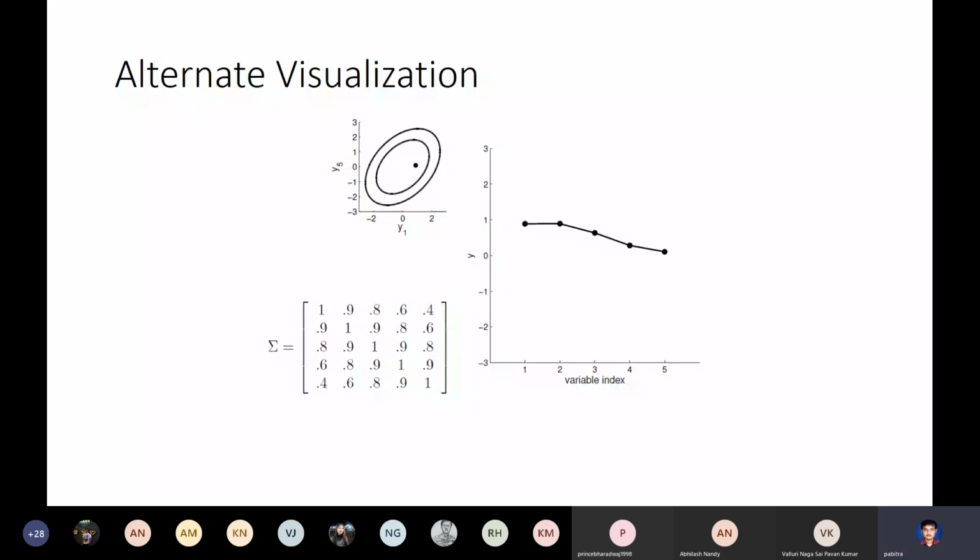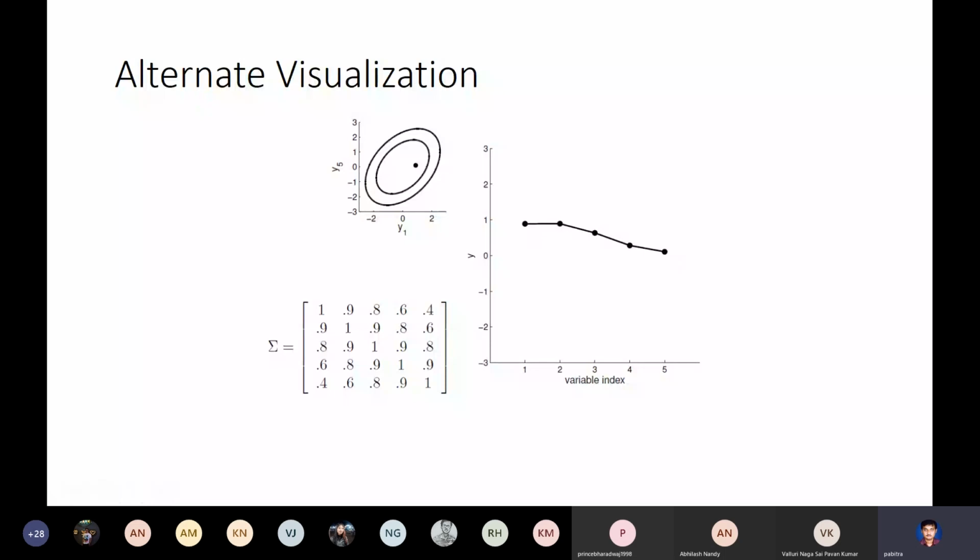But we can tell something about how this change of shape will happen from the covariance matrix. If the covariance is high, these two points would almost move together. If y1 is high, y2 will also be high because they are correlated. Whereas if they are not correlated, for example y1 and y5, they will not be at the same height. They will move differently.